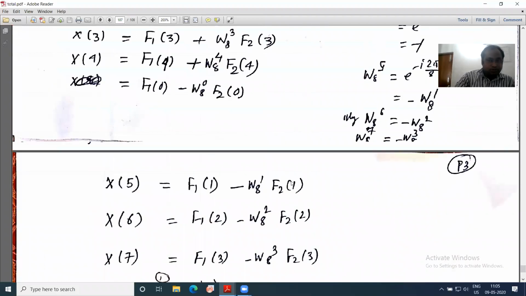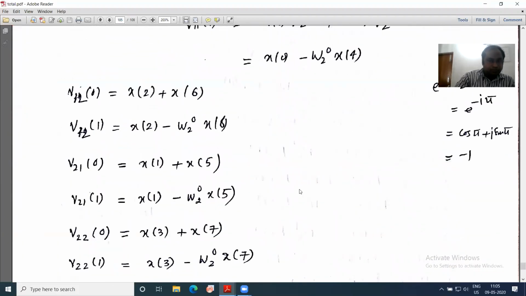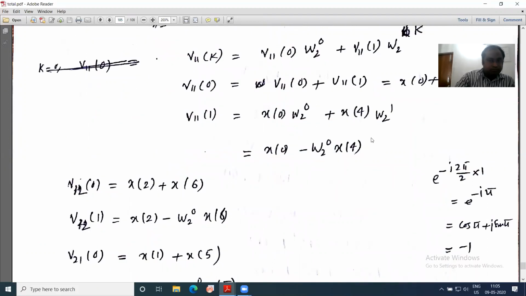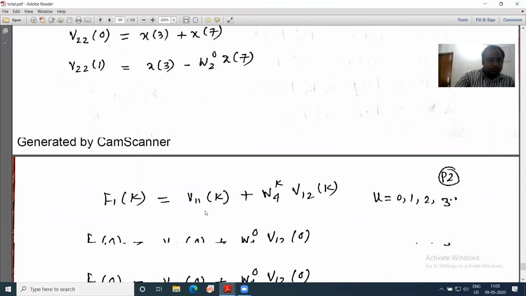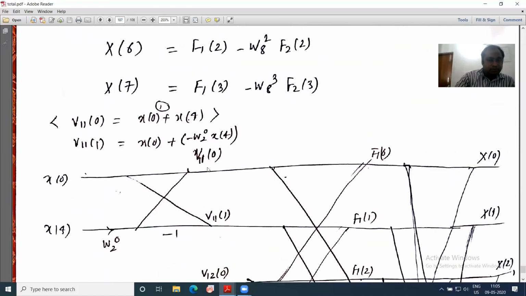So this corresponds to v1 of 1. So v1 of 0 is essentially x0 plus x4, and v1 of 1 is equal to x0 minus w2^0 into x4, like this. Is it okay?